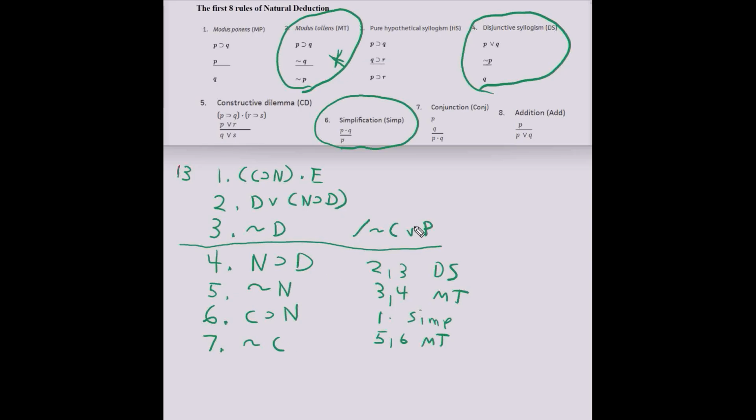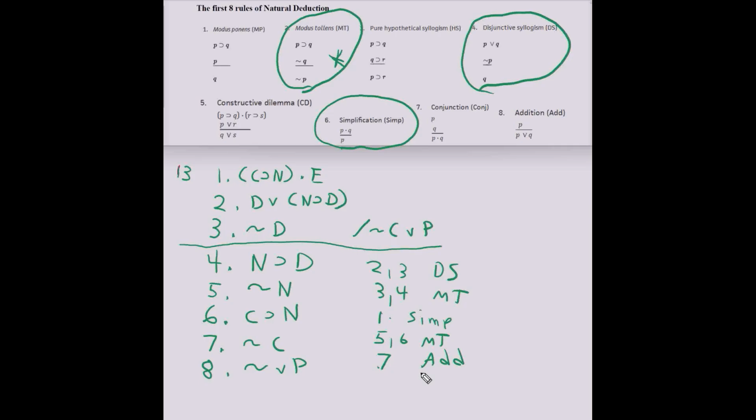Now I have not C, and I'd already thought about this fact that getting a P is going to require addition. So now we're to the point where we can do this addition step, and we can say not C or P, and this is from line 7, and this is addition.